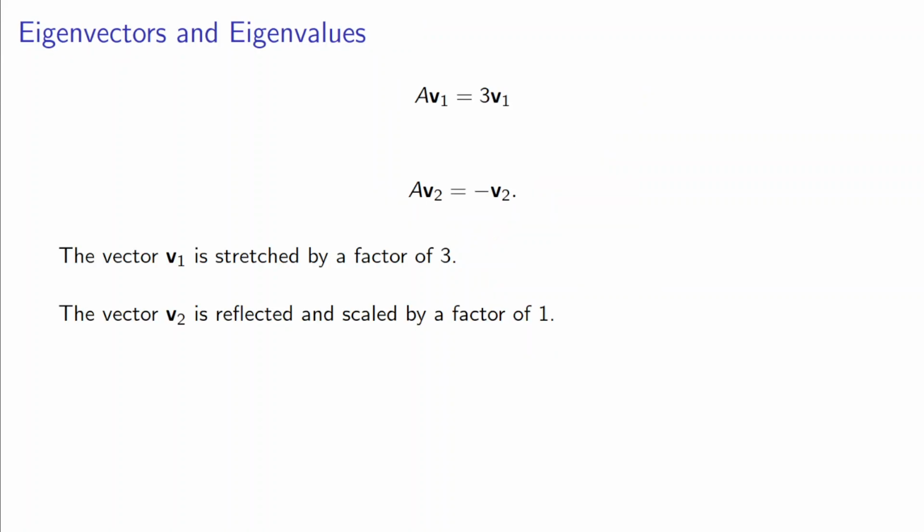Again, what we demonstrated algebraically a few minutes ago: AV1 equals 3V1, AV2 equals negative V2. So the vector V1 is stretched by a factor of 3. The vector V2 is scaled by a factor of negative 1, I guess actually would be a better way to say that. But the reflected idea is getting at the fact that that is a negative 1.